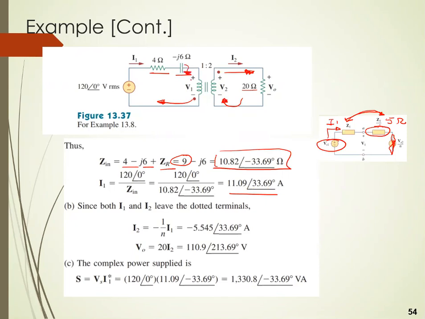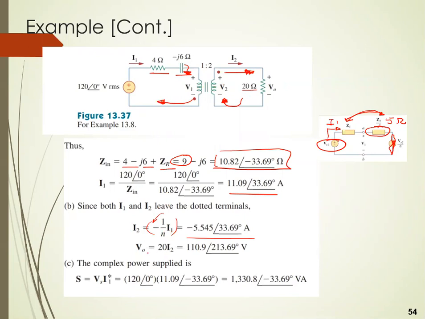Whichever way you want to look at it is the same thing. But the point is that one is leaving and one is entering, whether it's the dotted or the undotted terminal. So therefore, this sign is going to be negative according to our convention. Remember that? So I2 is going to be equal to 1 over the turns ratio times the primary current, negative because of this convention that we have, that one is leaving and one is entering.